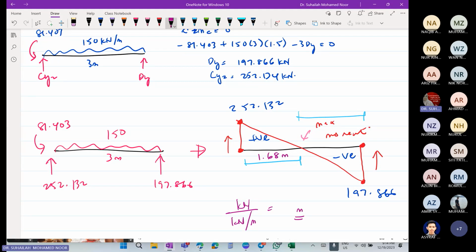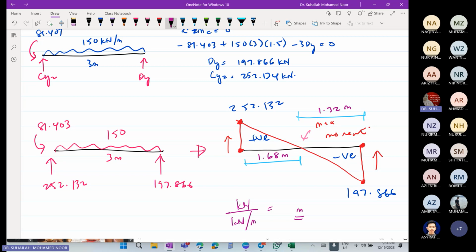If this is 1.68 meter, the other one is 3 minus 1.68, we get 1.32. This is 1.32.